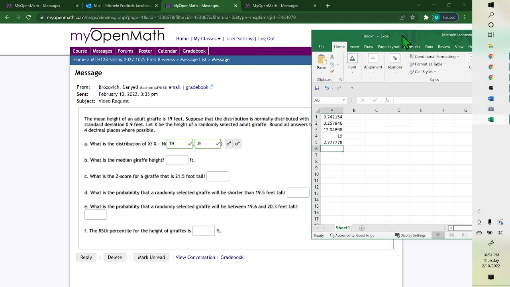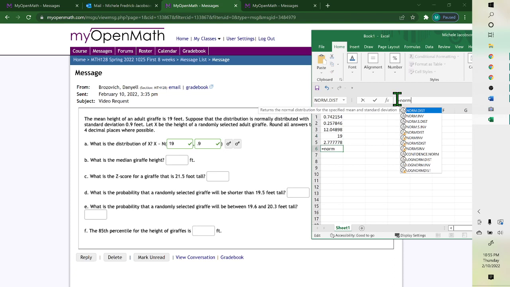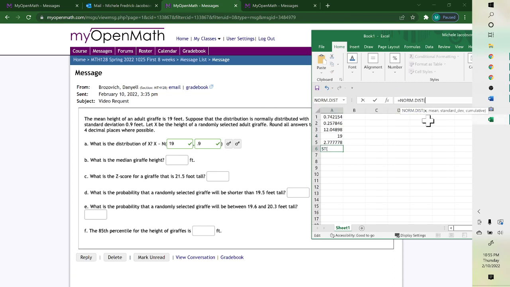Find the probability that a randomly selected giraffe will be shorter than 19.5. Here they're giving us a value, and we're looking for the percent. So equals norm, and the first one, because it gives us the x value, which was the 19.5, comma the mean, which is 19, and the standard deviation, which is 0.9.